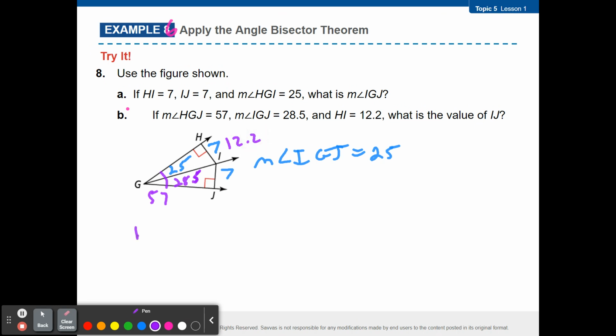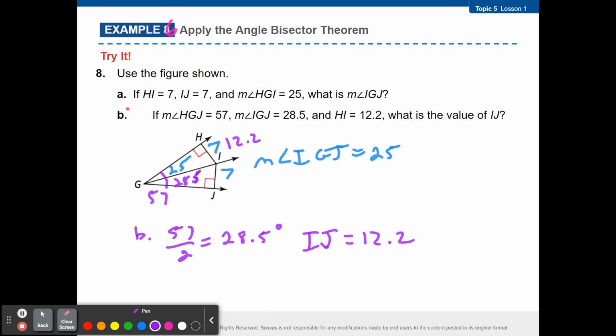Well, the first thing we need to do here is we need to confirm that this is actually bisected. So I'm going to take 57 and divide it by 2, which actually gives me 28.5. Now that I know that this is bisected, I know these two end up being congruent. So in this case, IJ is going to equal 12.2.